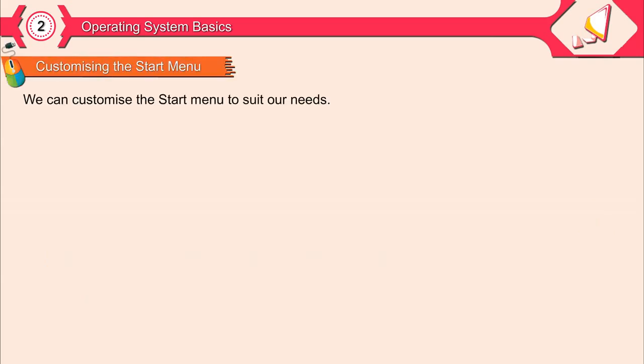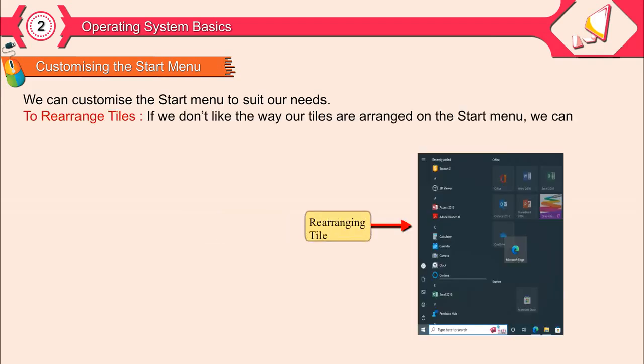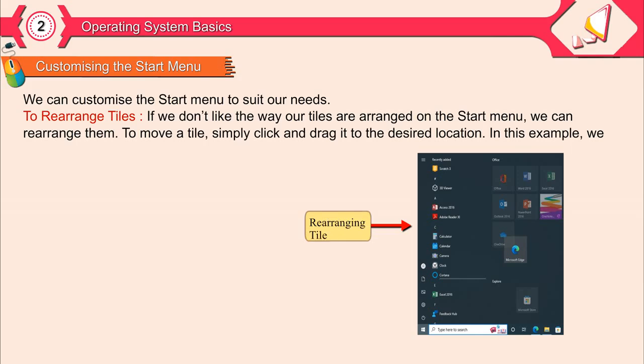Customizing the Start menu. We can customize the Start menu to suit our needs. To rearrange tiles: if we don't like the way our tiles are arranged on the Start menu, we can rearrange them. To move a tile, simply click and drag it to the desired location.